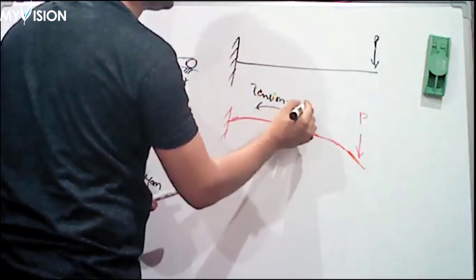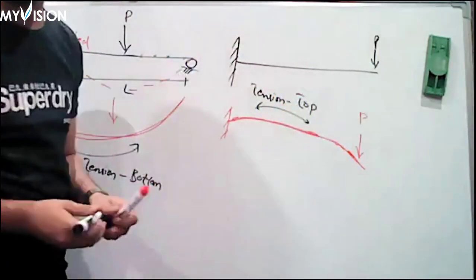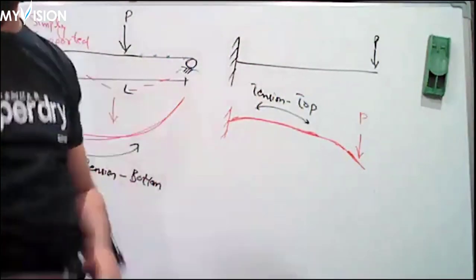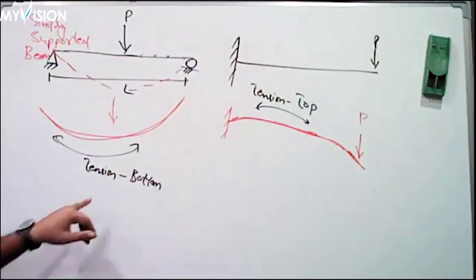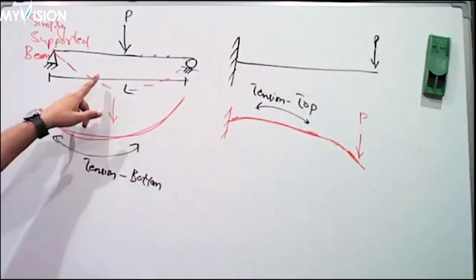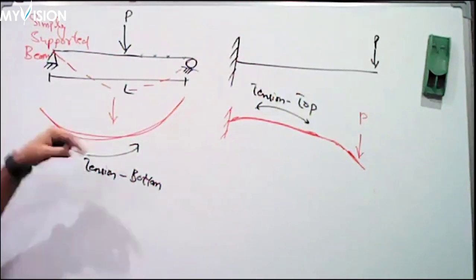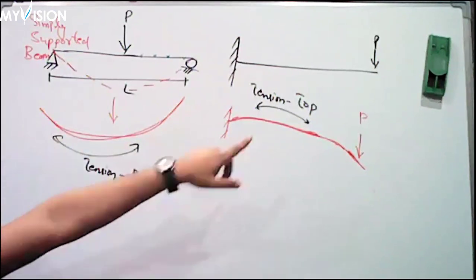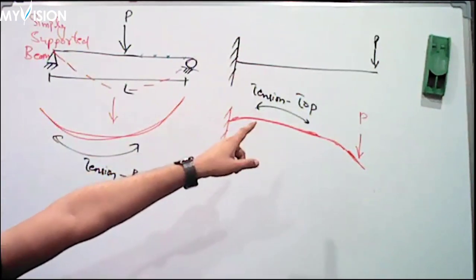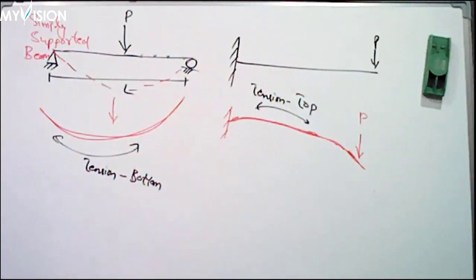So we can say that tension is at the top. So in case of a simply supported beam, the tension part will be at the bottom, but in case of a cantilever beam, the tension part will be on the top. Clear? Remember this thing.